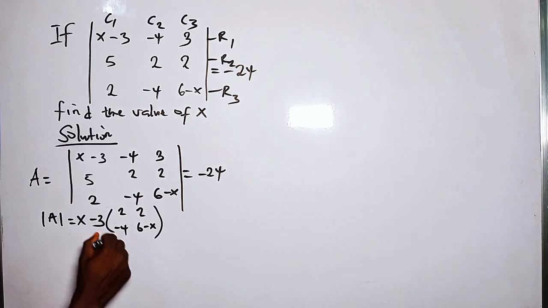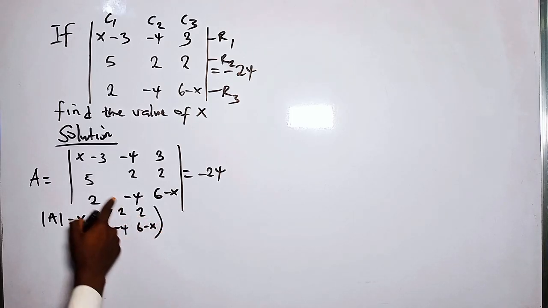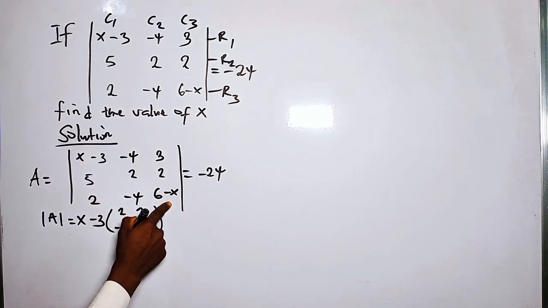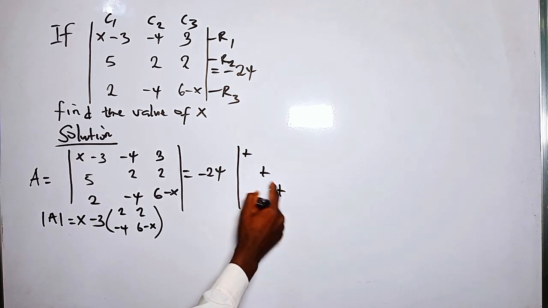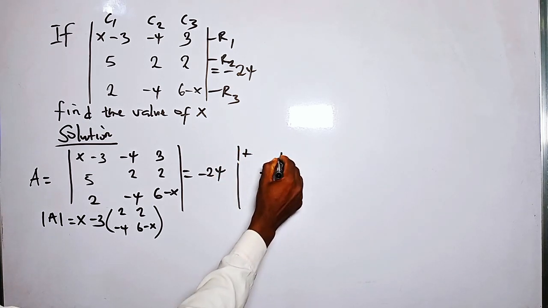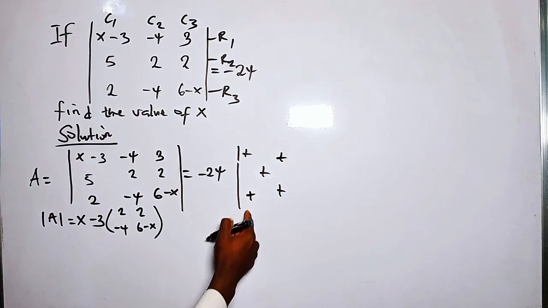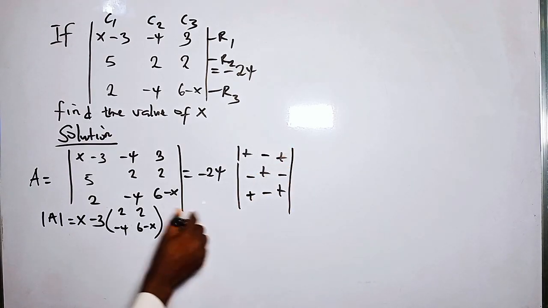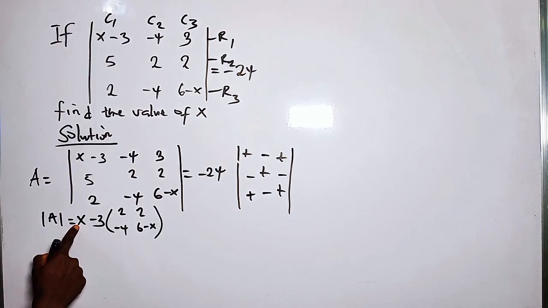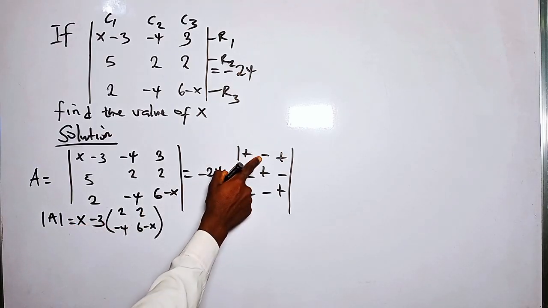Since this is a leading diagonal, we have addition, while the second diagonal comes with subtraction.